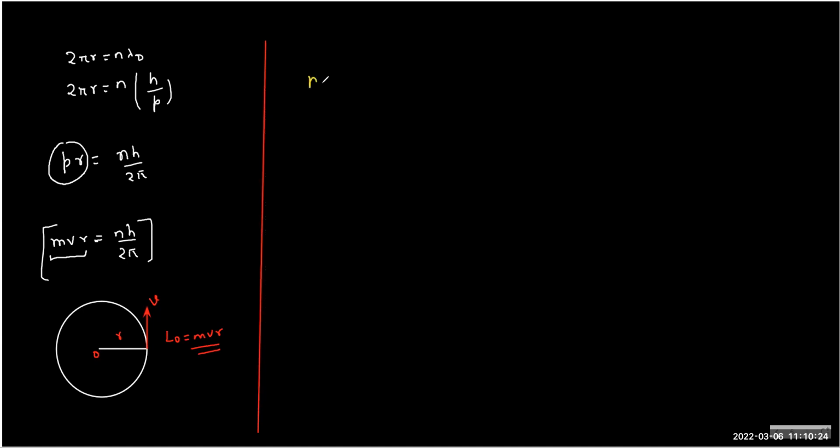So now this equation we call quantization, and n we call the principal quantum number. So mvr is equal to nh by 2 pi. I hope this is clear to everyone.